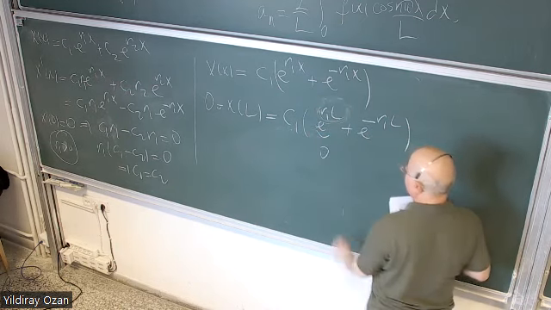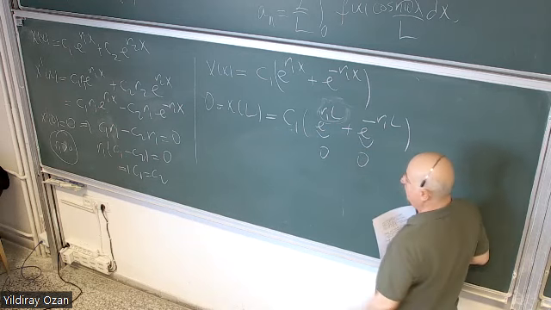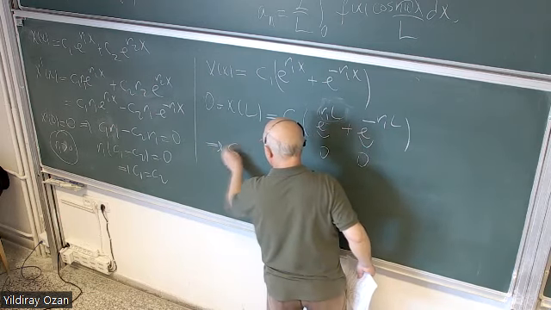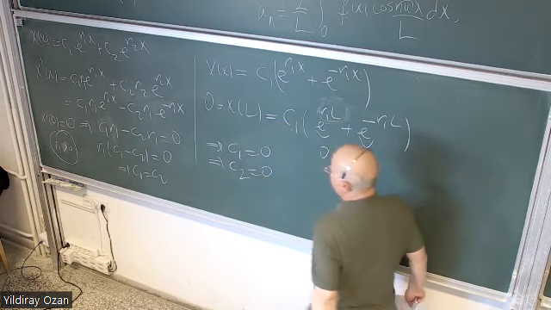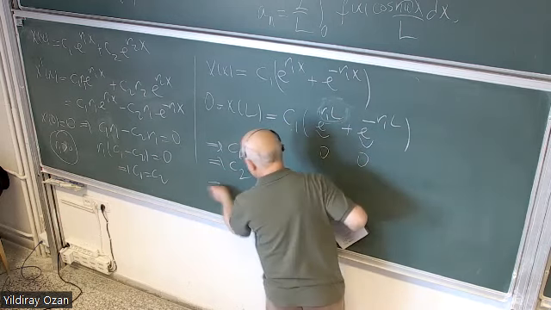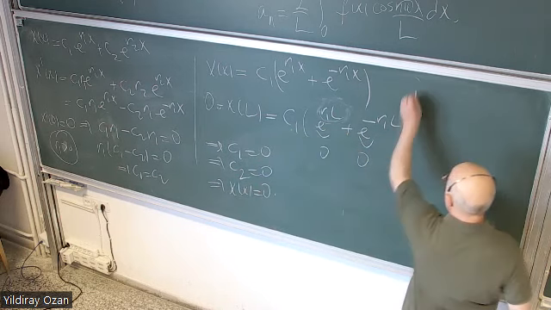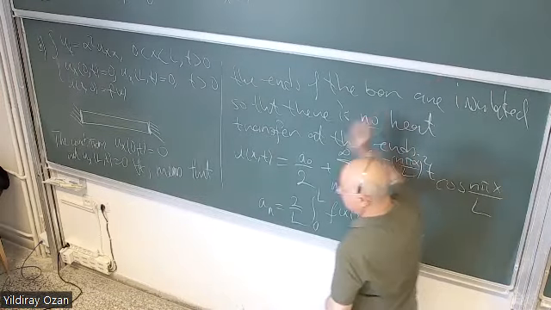This is a positive number, e to the power anything is positive. This is also positive. This is 0, therefore we get c1 is 0, therefore c2 is 0. So we get just the 0 solution, nothing else. Okay, so we have to consider the other case.